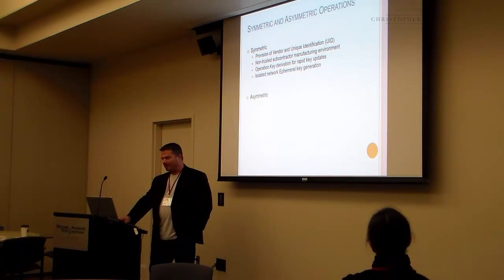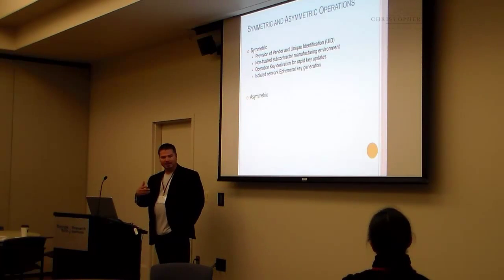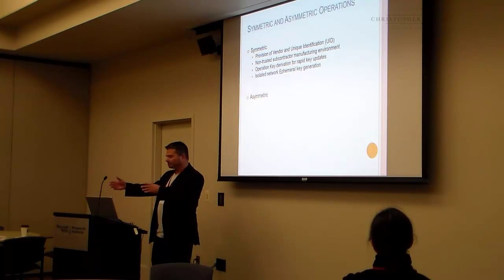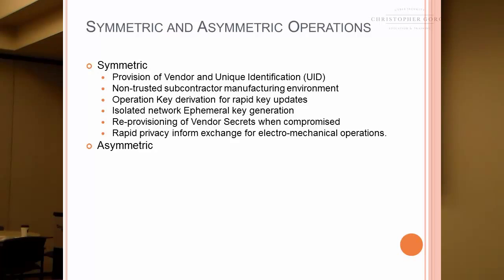So other places, isolated network. If the network's isolated, you just need a key to authenticate a message authentication code and verification, or if you need a key for a one-time encrypted communication, while the network's disconnected, creating symmetric ephemeral keys.